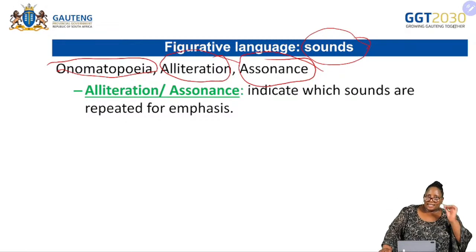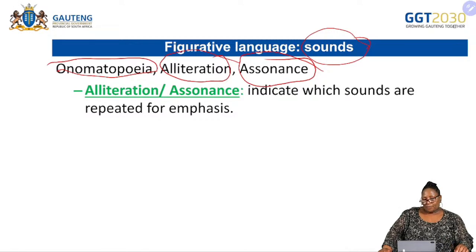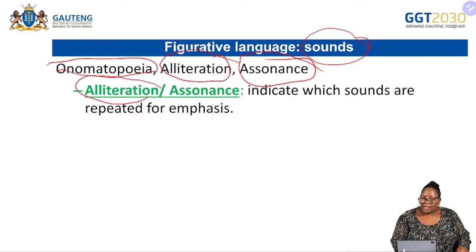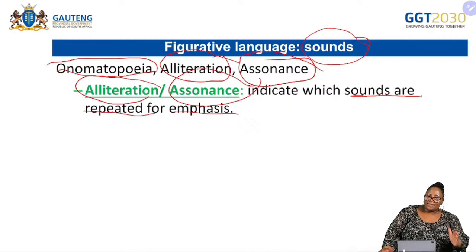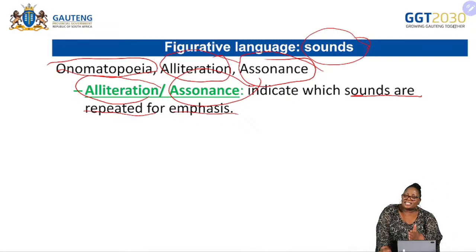Let's look at these sound effects here. We have alliteration, and then we have assonance. What do they indicate? They indicate sounds that are repeated for emphasis.